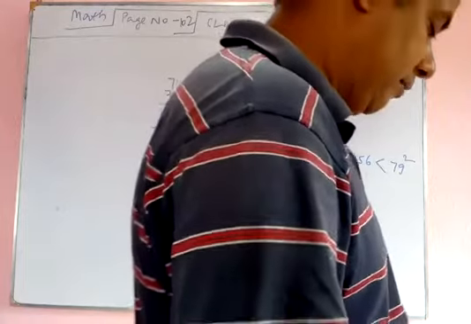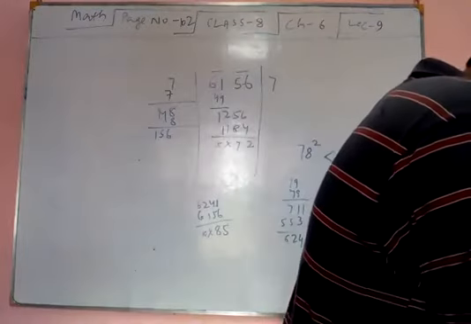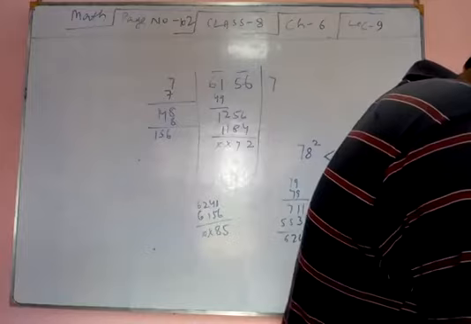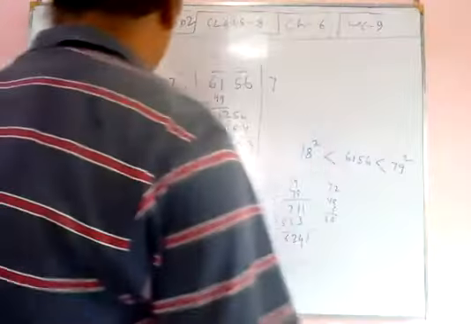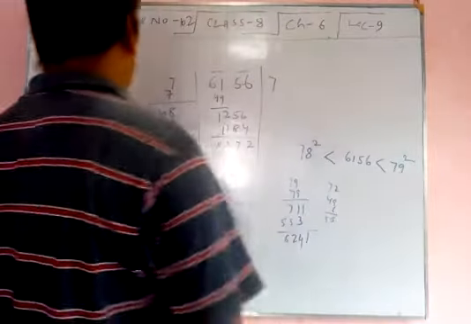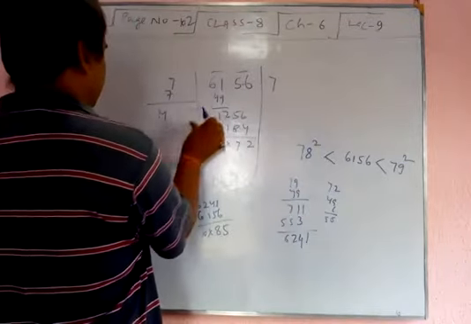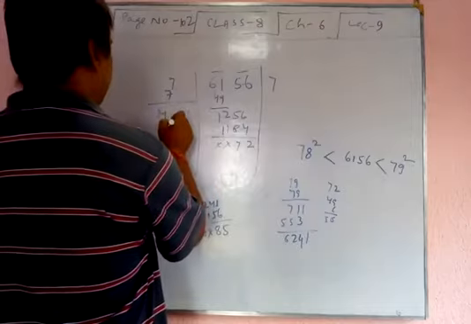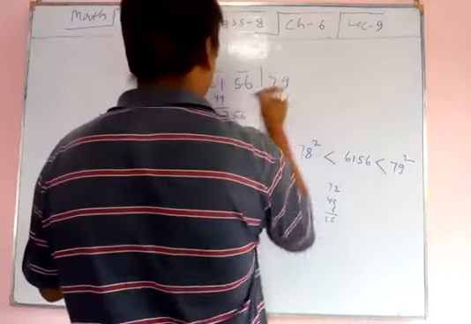An alternative method is also there. So 79 is there. So when it is 72 is there, you can multiply here by 9. The other method is there. Then you can put here the 9 and here the 9 also.